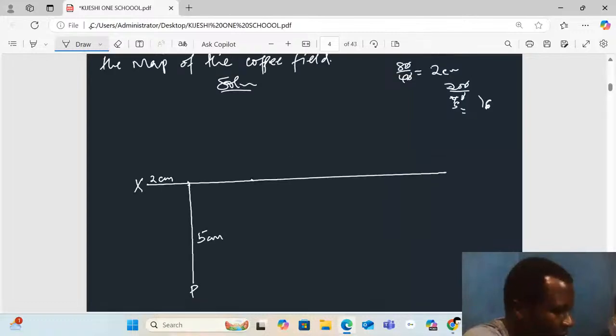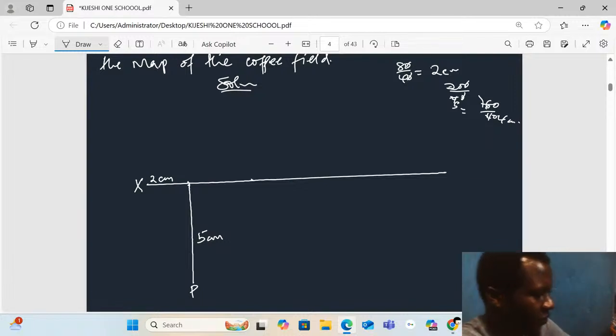So 160 divided by 40, and we shall have 4 centimeters.